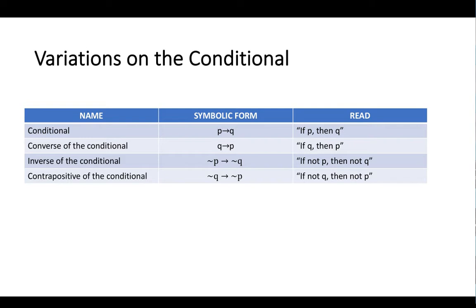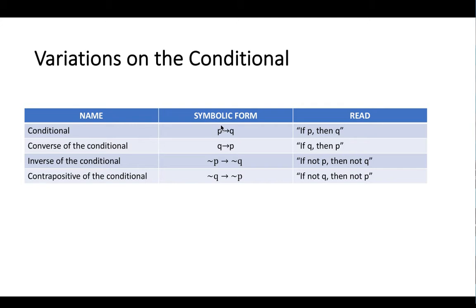So the different forms are the conditional, the converse of the conditional, the inverse, and the contrapositive of the conditional. The name of the variation is listed here. What it looks like in symbolic form is listed in the second column. And the third column is how you would say them out loud.